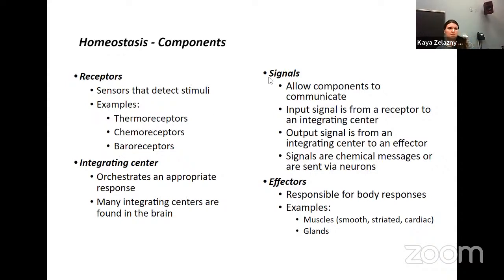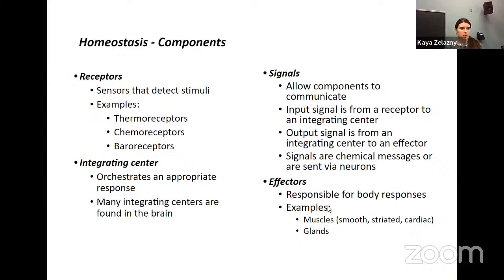Then we have signals that are going to allow different parts of our loop to communicate. So we might have a signal from a thermoreceptor, one of these temperature receptors, to the integrating center. The integrating center would orchestrate a response, so plan out how we're going to fix this. Then there would be another signal out to the effector organ, which is ultimately going to have a response.